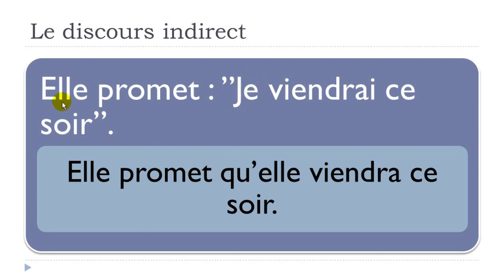So we've got here the subject and it's feminine, so it should be the third person of the feminine, qu'elle, okay? Here we've got the future form, je viendrai, so you should put the verb at the future form as well, but for elle, it will be elle viendra, and then ce soir doesn't change. Okay? Elle promet qu'elle viendra ce soir.